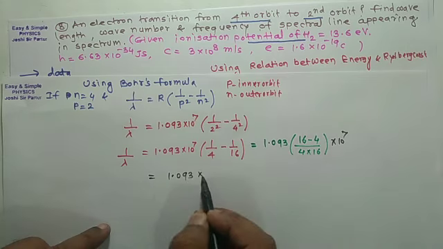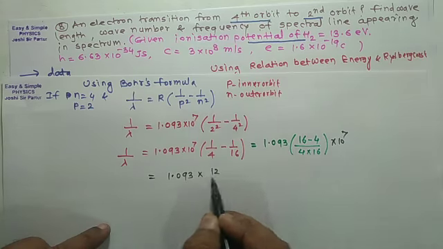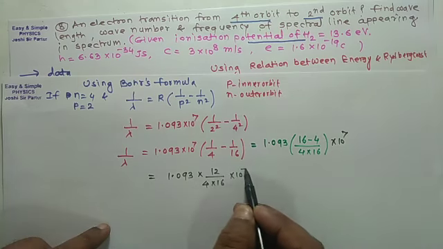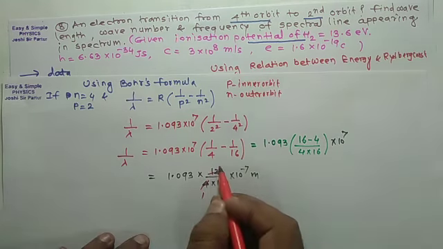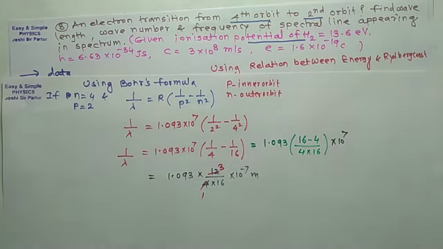1.093 into 12 upon 4 into 16, 10 raised to minus 7 meter, because the Rydberg constant is per meter, so its unit will be meter. 4 1 the 4, 4 3 the 12.